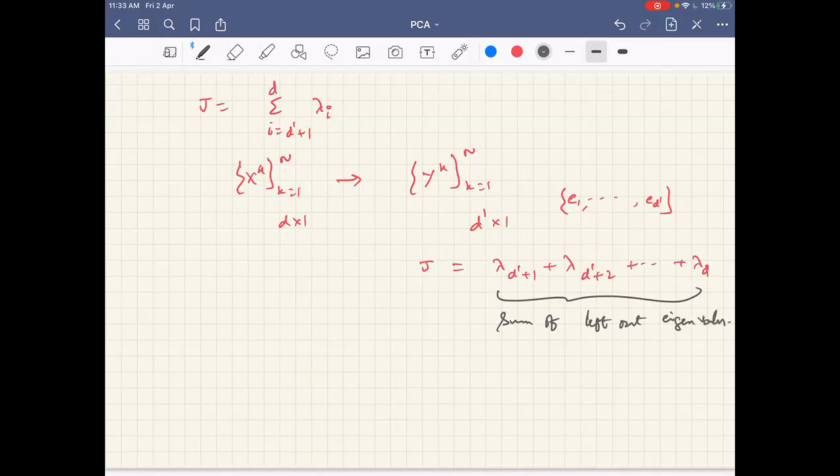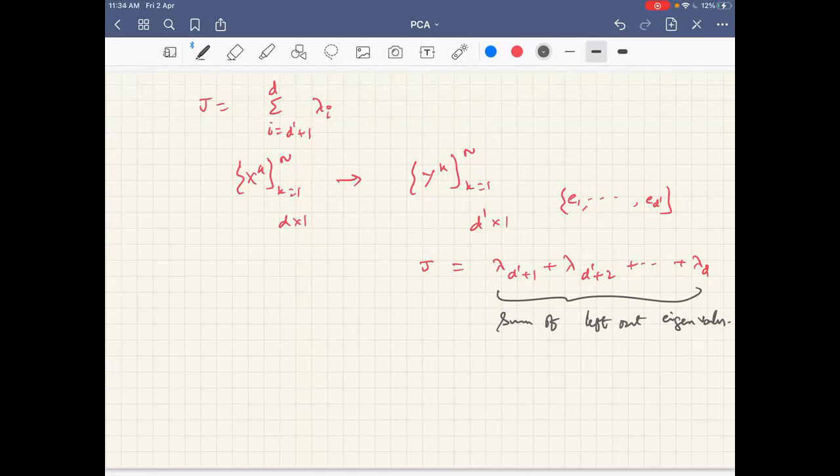right? Essentially, if we are representing the information in the d dash dominant directions, the error is captured in the left out directions, and that is effectively quantified by the corresponding eigenvalues.